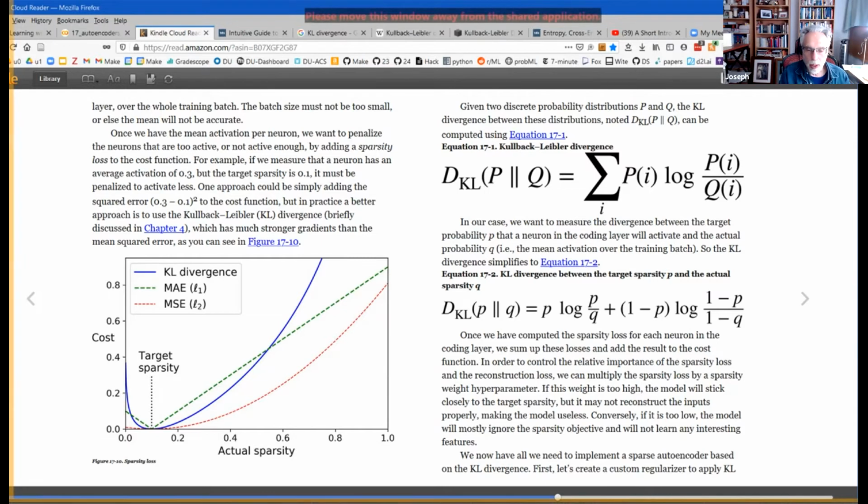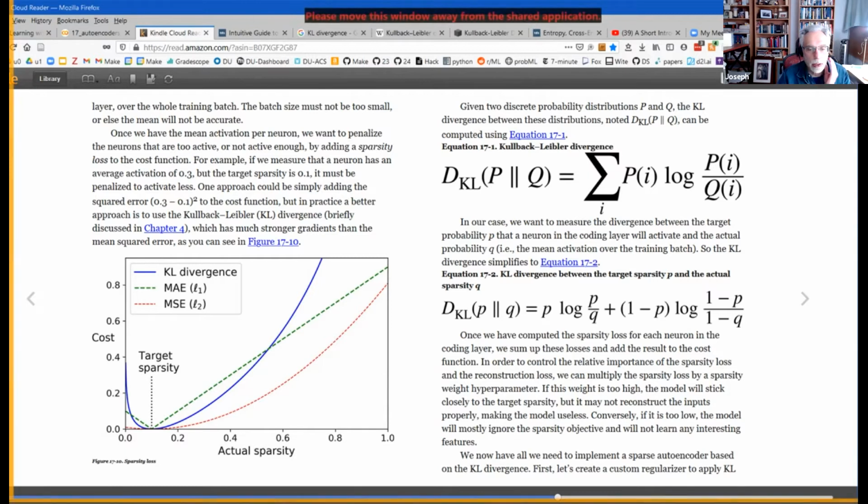So if you set the regularization parameter high, that means you're going to place a lot of weight on getting the match to the sparsity that you wanted, and not very much weight on the reconstruction error itself. And so that's what he says here. If the weight is too high, the weight being the regularization parameter, then the model will stick closely to the target sparsity, but it may not reconstruct the inputs properly because it's emphasizing the sparsity part of the loss function.